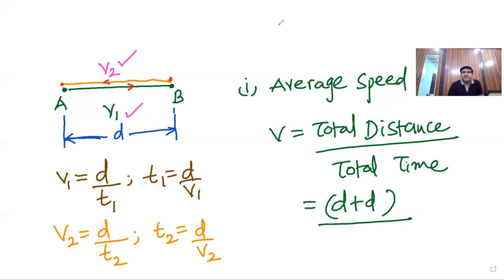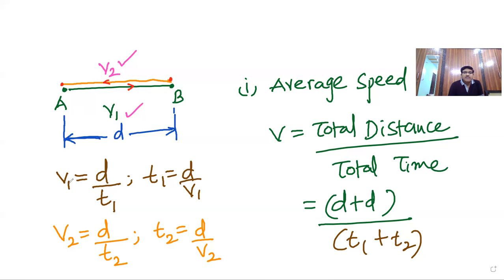T1 plus T2. Total time is T1 plus T2. Clear? So, have the clarity. In the first case, A to B, distance traveled is D, speed is V1. So, here we do not know the time.